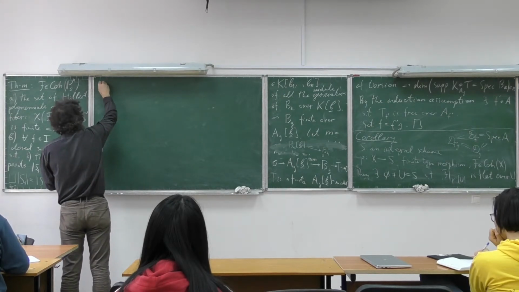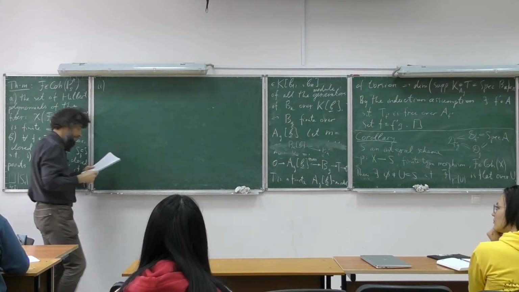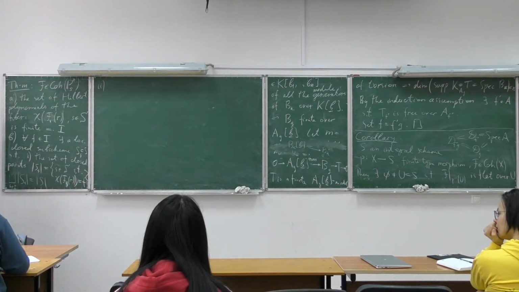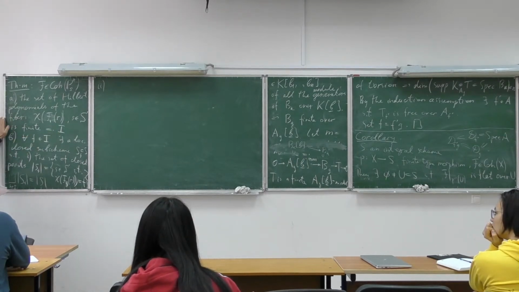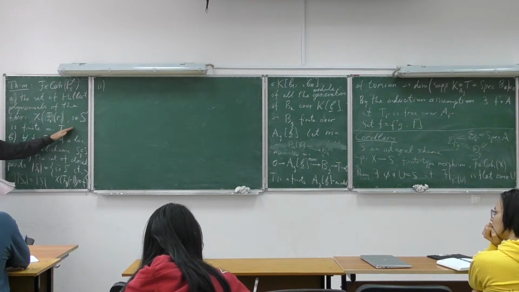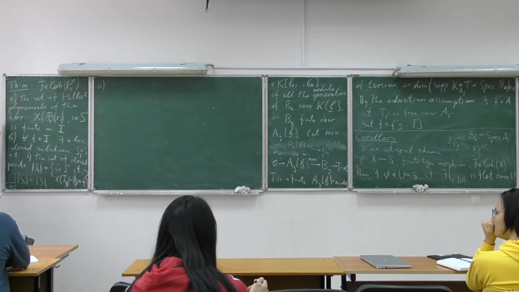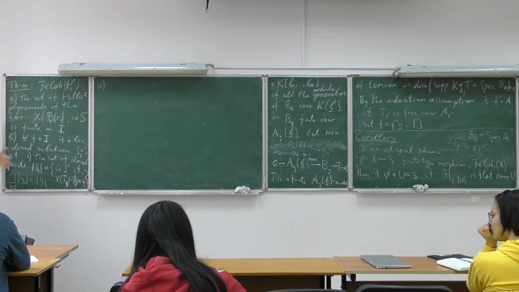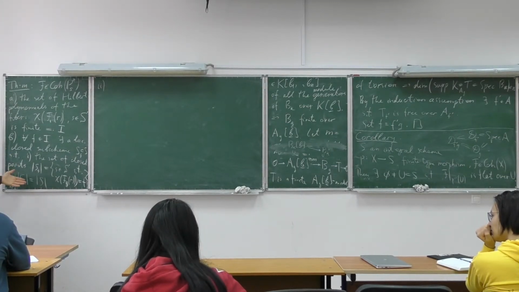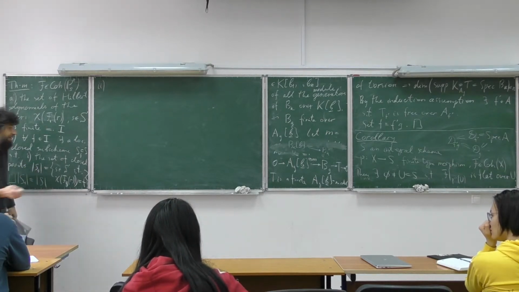Now, the second claim is that. But what was the claim about this set? It is a finite set. There are finitely many Hilbert polynomials of fibers, and for each of them, we take all the fibers with this given Hilbert polynomial, and then this set of points in the base scheme is the set of closed points of some locally closed subscheme. So, for example, it cannot look like this.